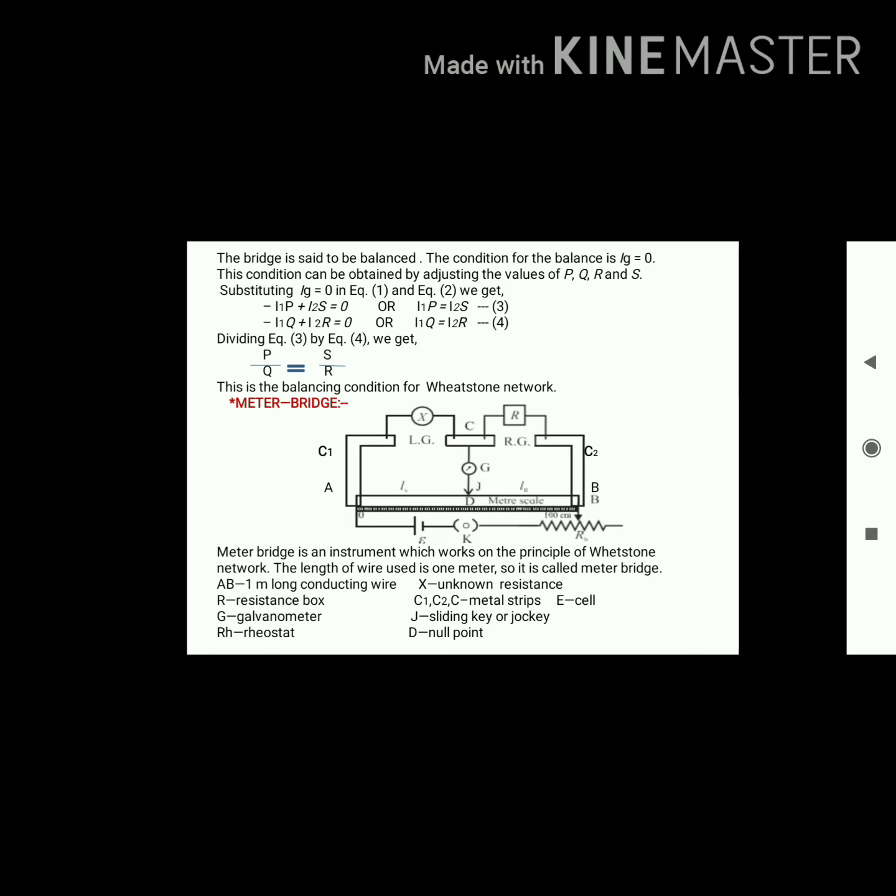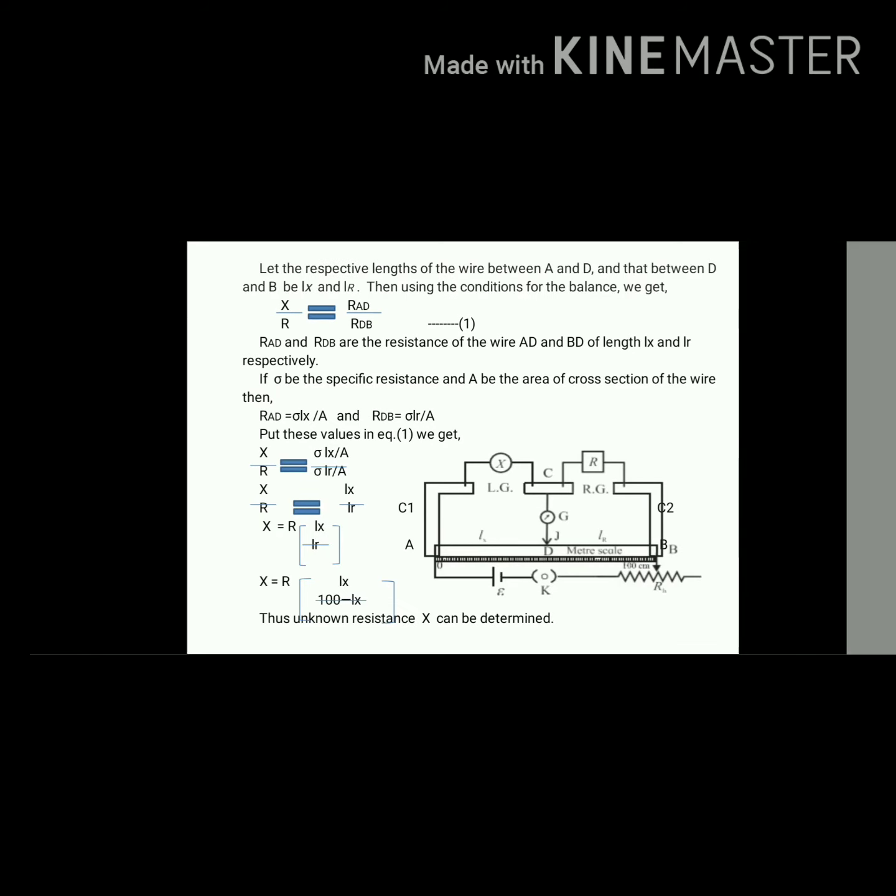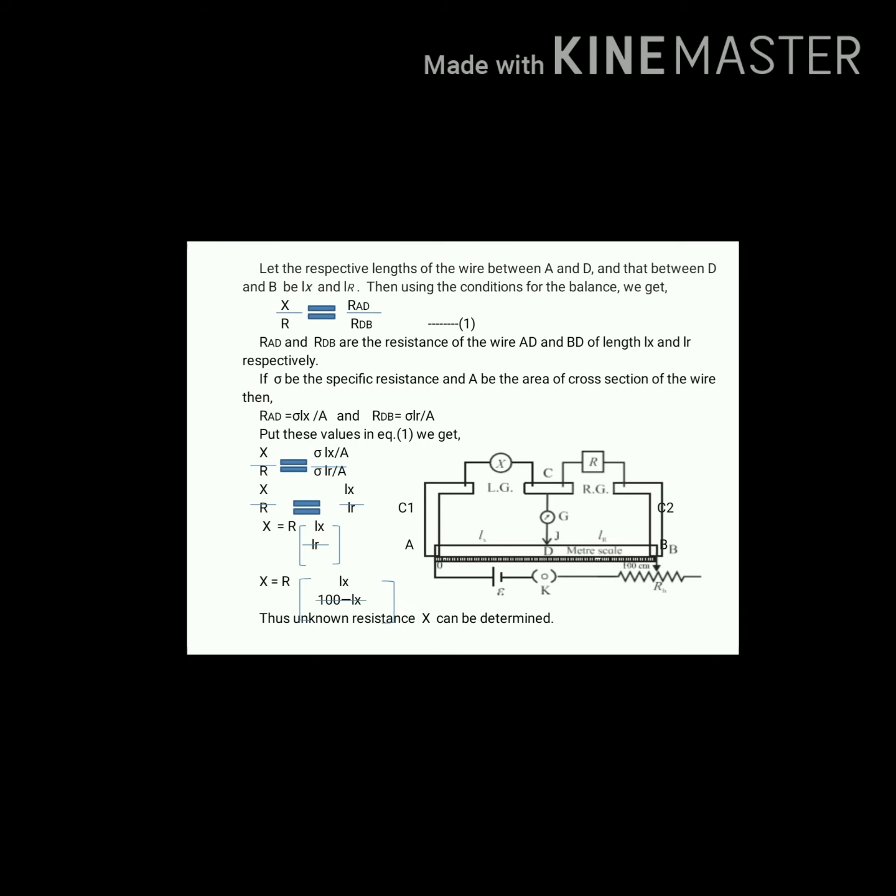Let I be the current through the circuit and sigma be the resistance per unit length of the wire AB. Then let Lx and Lr be the distances of the point D measured in centimeters from the ends A and B of the wire.